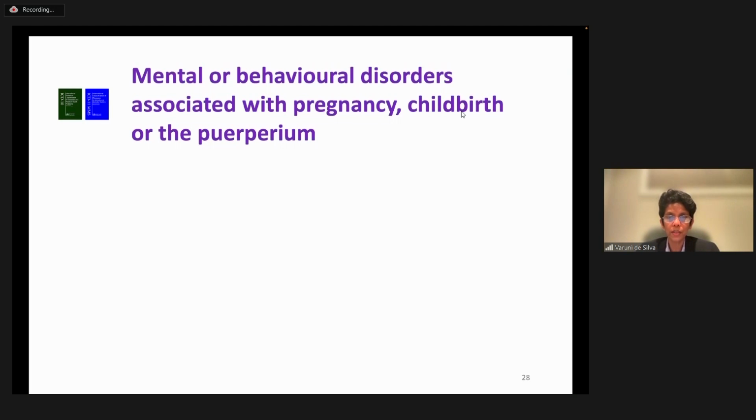Another interesting category here is mental and behavioral disorders associated with pregnancy, childbirth, or the puerperium. I know we've had many discussions and even arguments as to whether this is a separate condition, because in the ICD-10 it wasn't, and trainees used to always ask, can we diagnose puerperal psychosis or do we need to diagnose schizophrenia? If we go through all the criteria for validating a diagnosis, we can justify there is a separate etiology.